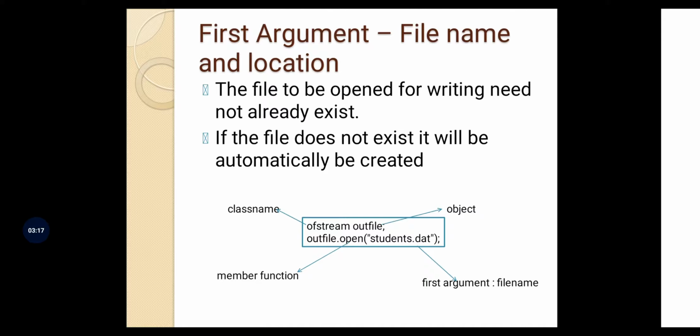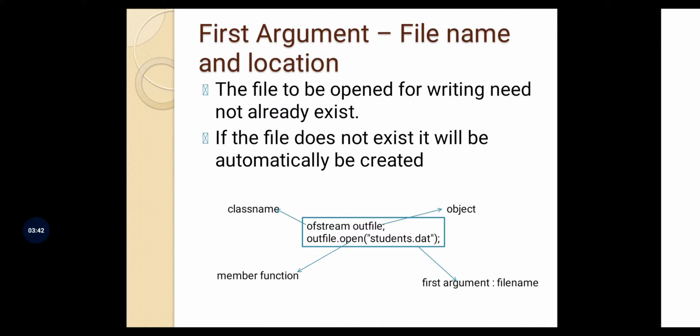Now here we have a simple example where we are talking about an ofstream object. If you look at this code, we are creating an object of the ofstream class, right? Now the ofstream class is a default class for writing onto a file, correct?